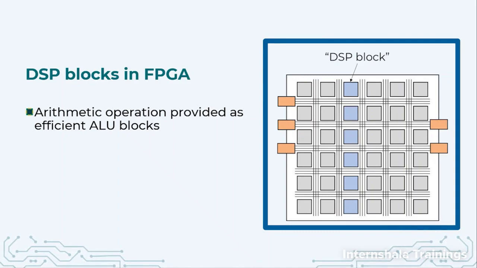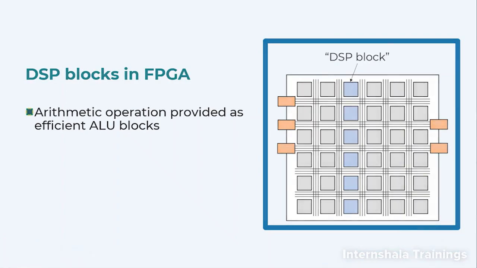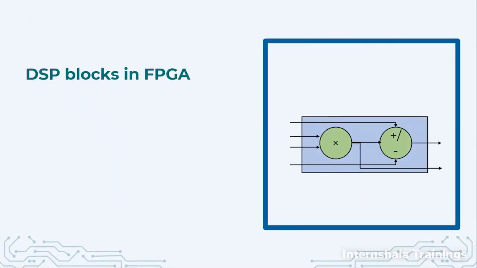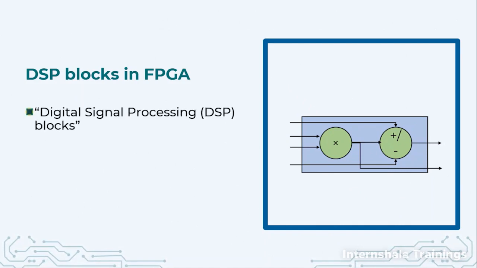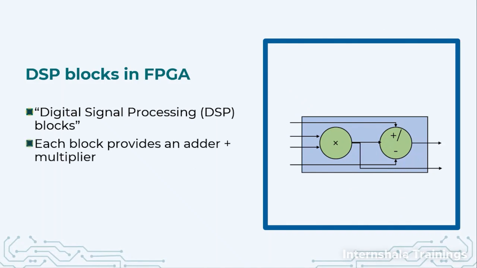So inside these square blocks we have the arithmetic operations which are available. So DSP blocks will provide the functionality like addition, subtraction and multiplication. So inside the DSP block, multiplier, adders and subtractors, everything is available. As per the requirement, we will use them.